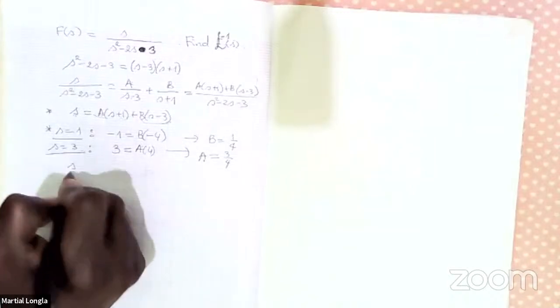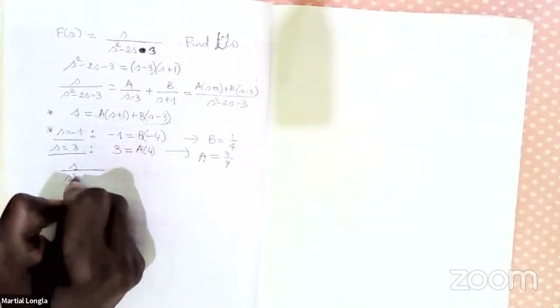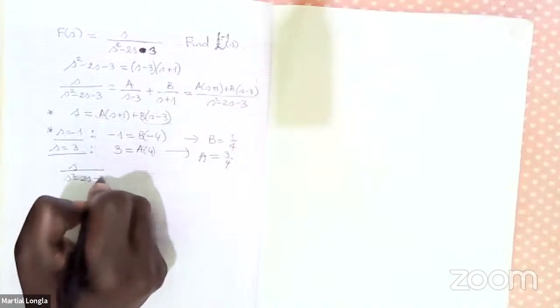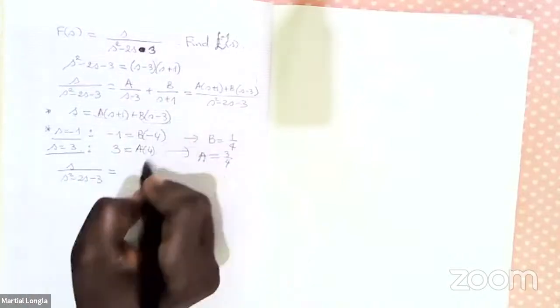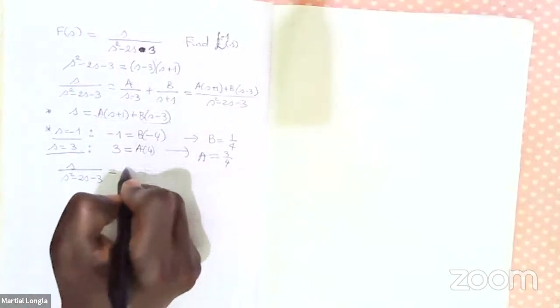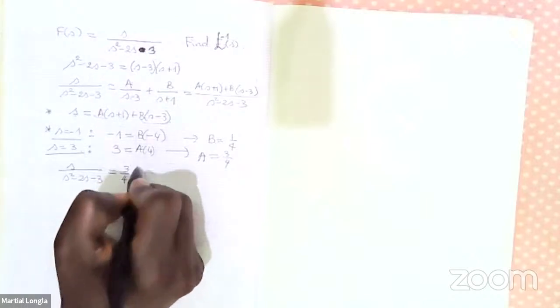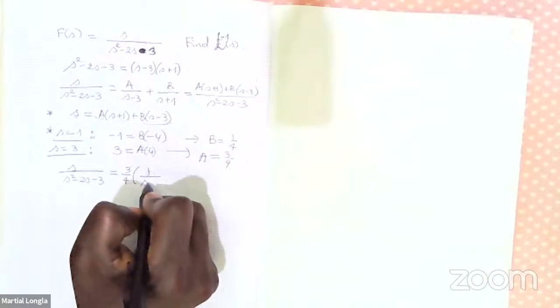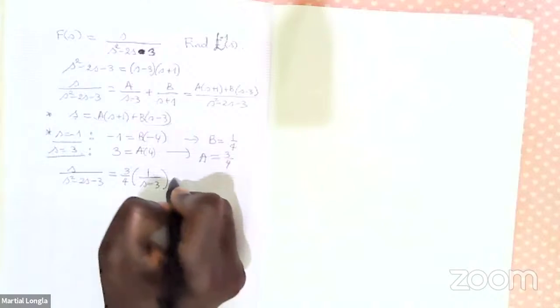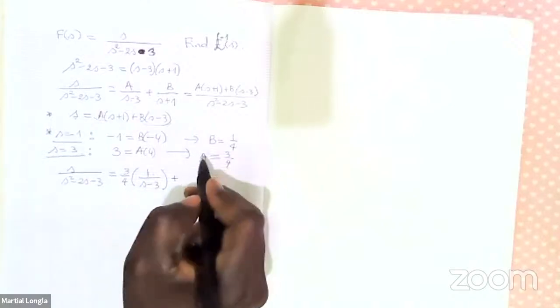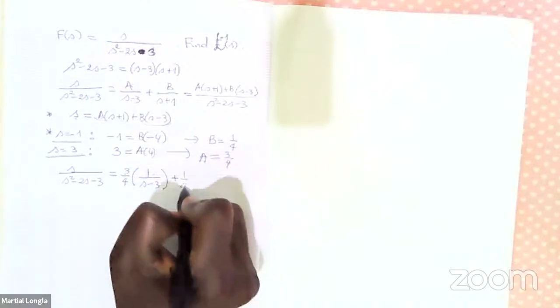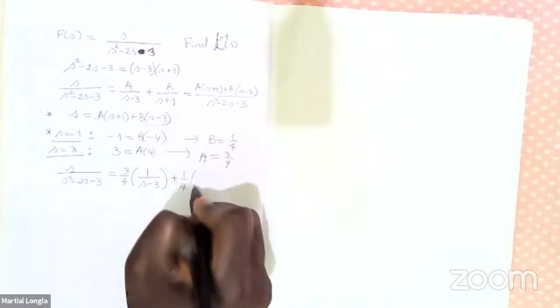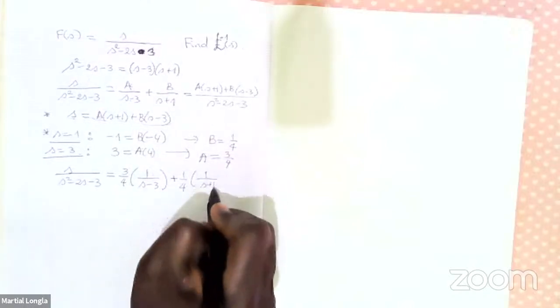So you get s over s squared minus 2s minus 3 equals 3/4 times 1 over s minus 3 plus b, which is 1/4, and s plus 1 over s plus 1.